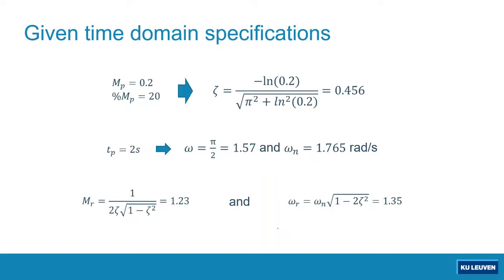Okay, this is just to give you an illustration of how to correlate the features of a unit step response to the features of a Bode plot in our second order system.